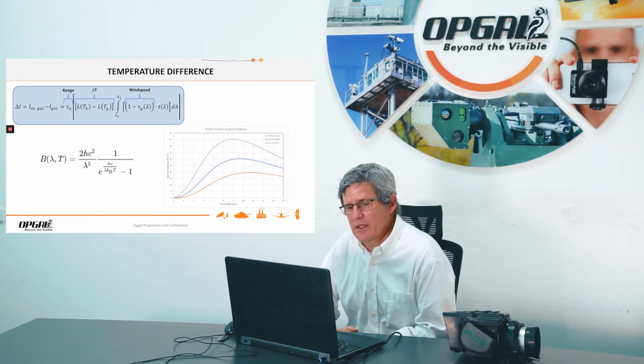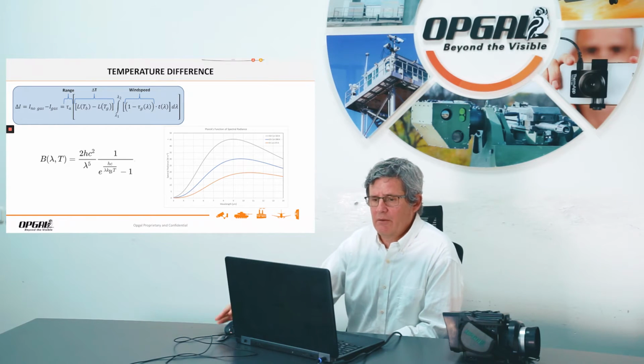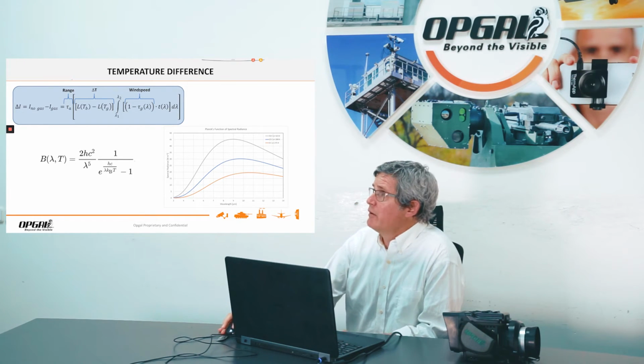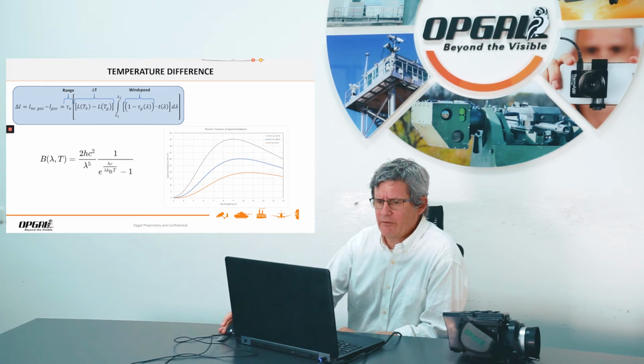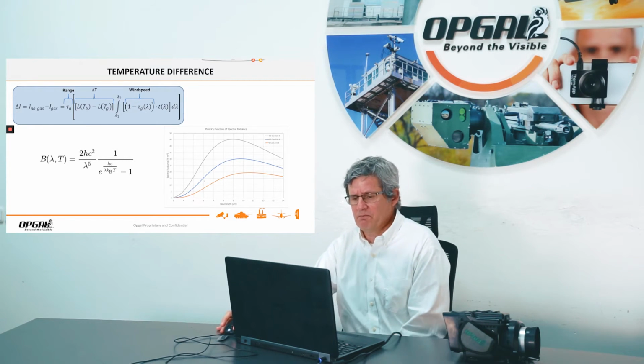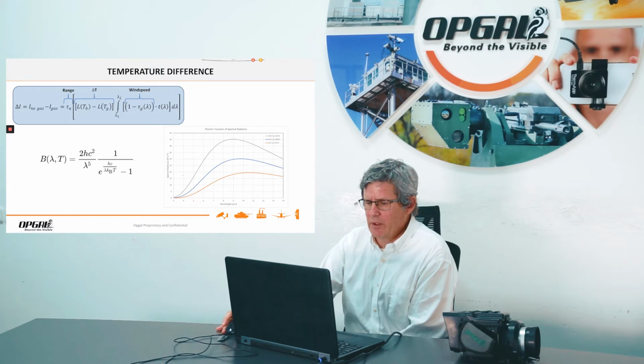Temperature difference is affecting the middle term here in the OGI equation. These are the Planck function radiance, integrated radiances, which is, if we take it between here, it could be the area between here and here.